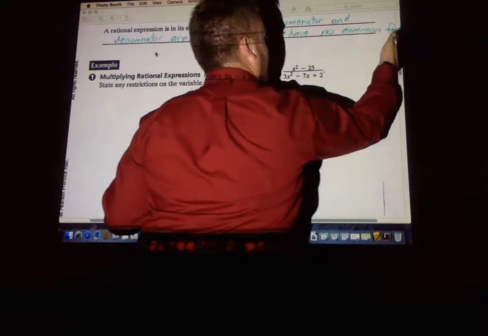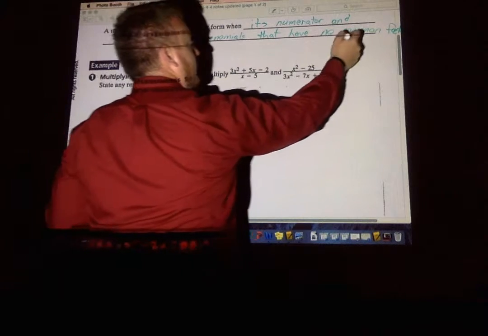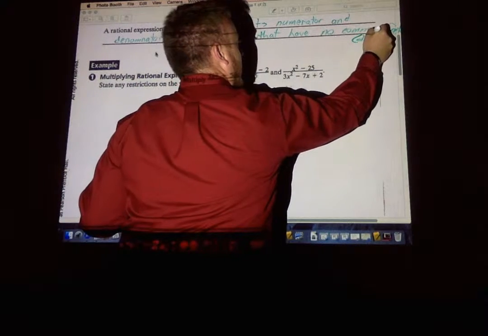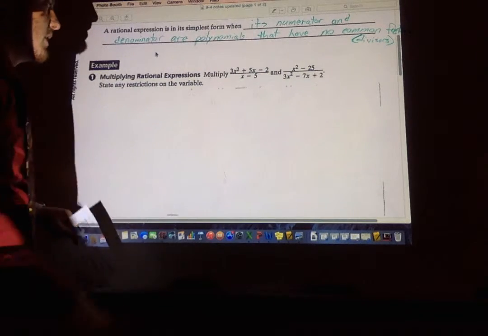All right, so if you missed that, it says factors over there. So no common factors, or you could say divisors. Right? It just means that there's nothing that they can divide out that comes out of both of them.